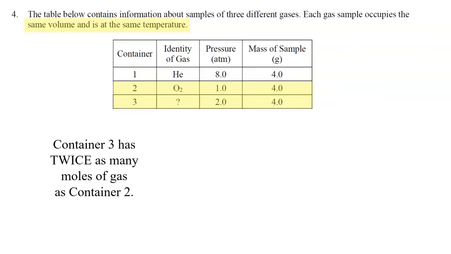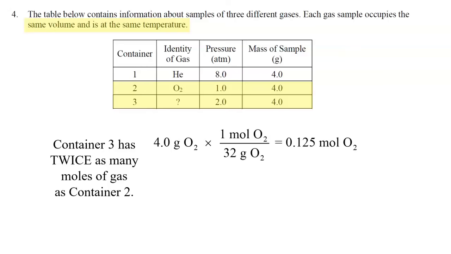Well, now that I know that the mystery gas in container 3 has twice as many moles of gas as container 2, let's compare the number of moles of oxygen with the number of moles of the mystery gas. We've already determined that the number of moles of oxygen is 0.125 because 4 divided by 32 is 0.125.